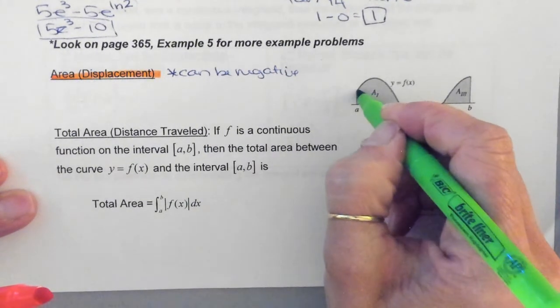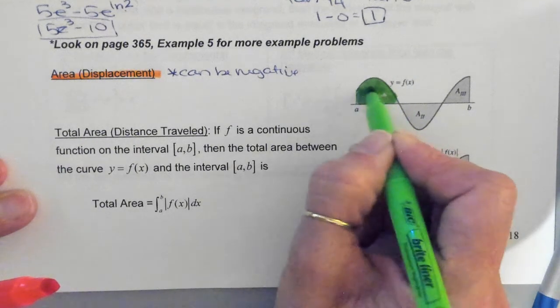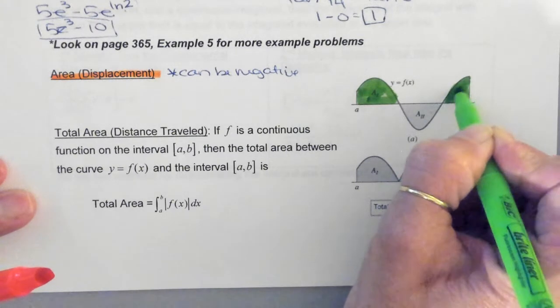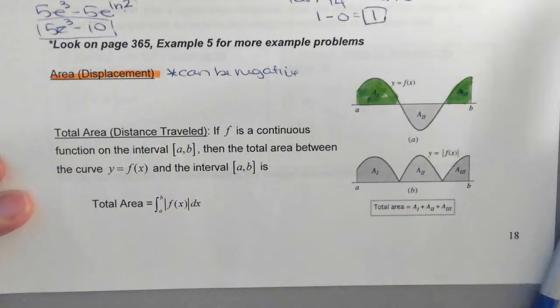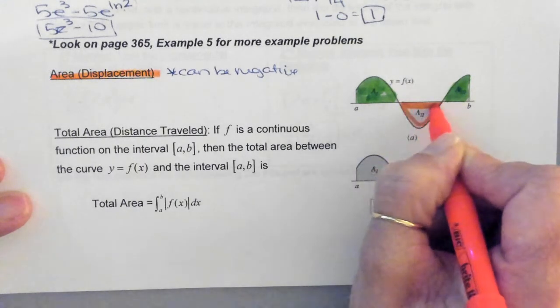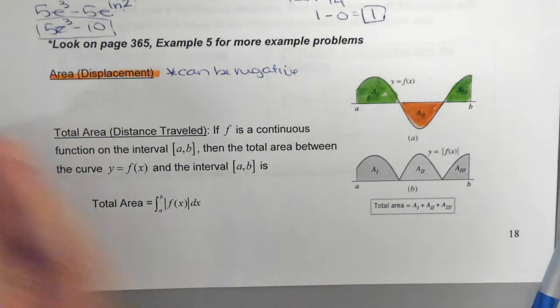Here, this portion is positive, so you would leave it where it is. And this portion right here is also positive. But this portion is negative. And you're going to leave this, if you're being asked just for the area, as negative.